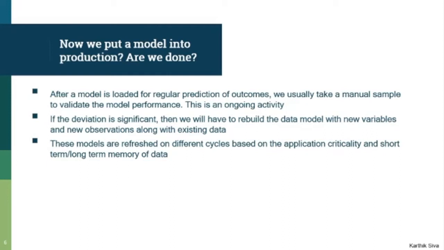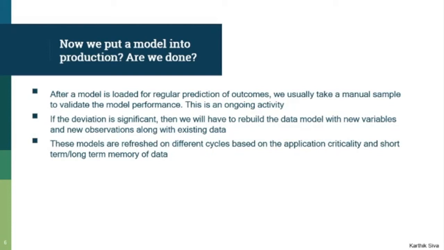And if the deviation is very significant, then we will have to rebuild the model with fresh data. Maybe add new columns or add new rows along with existing data. These models are refreshed on different cycles depending on the use case itself, depending on application criticality, and depending on how far back you want to go with your data.